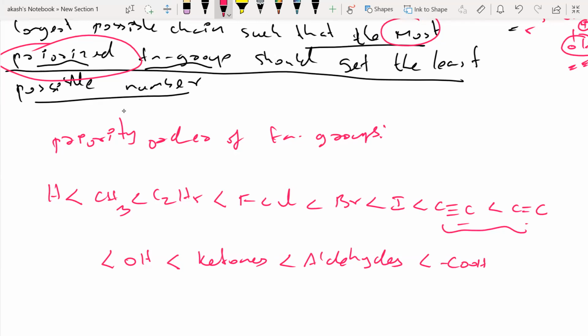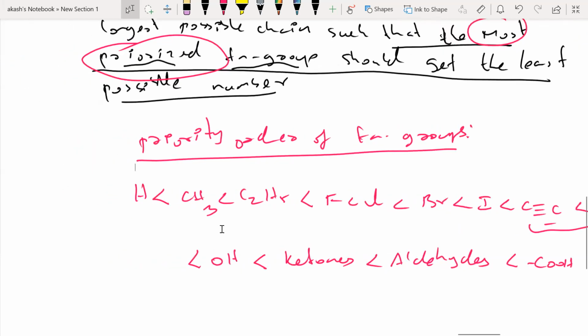There is no logic, but we have to remember this for IUPAC naming. If you do not remember this, you will not be able to give the names. So we understood that if I have more than one functional group, whichever has more priority will get the lowest possible number. So that is about the second point.